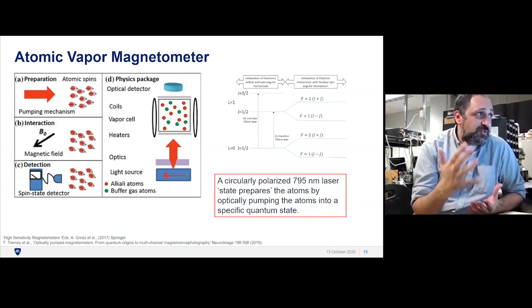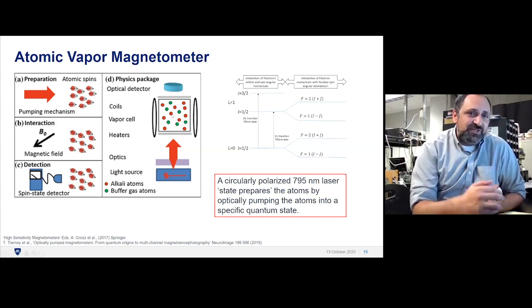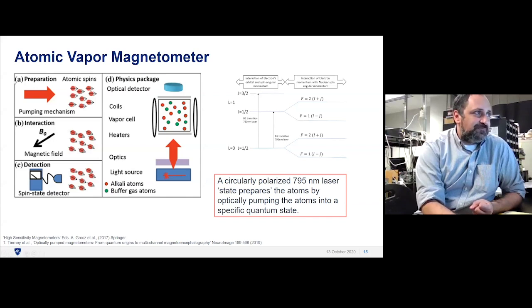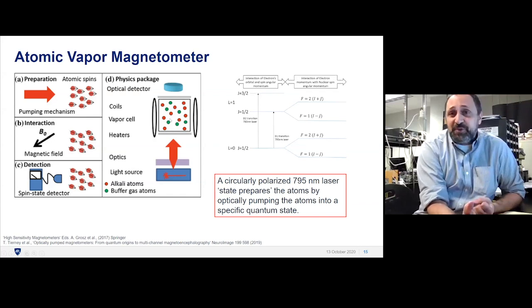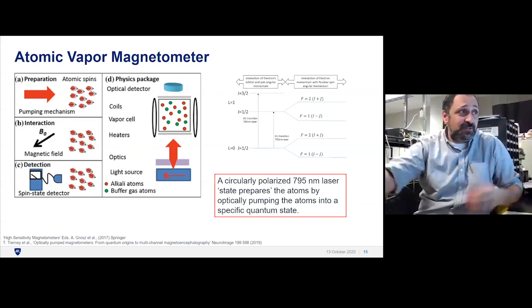So what is our system to begin with? Let's start with the physics package. We have a vapor of an alkali metal. Alkali metals are interesting because the state of the outside electron is kind of simple. We have heaters because our vapor is in a glass cell and we want it to be a vapor, not just a pool of stuff at the bottom, but we need all the atoms making like a gas.